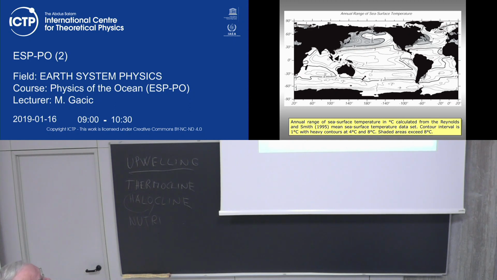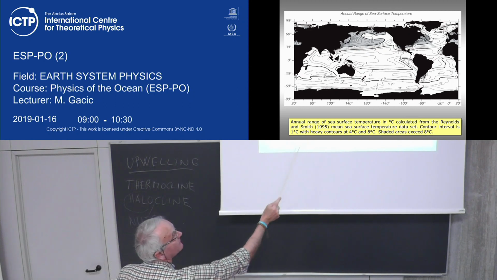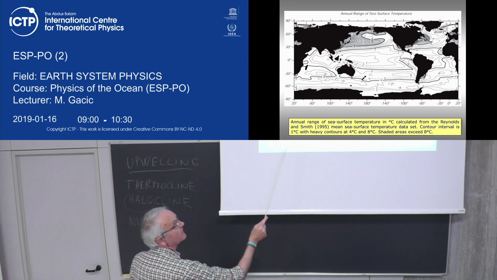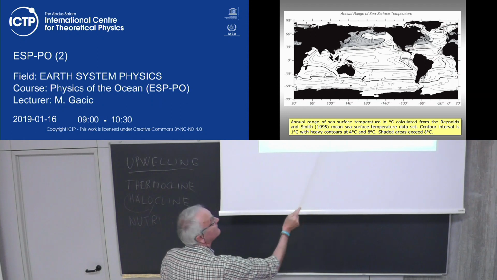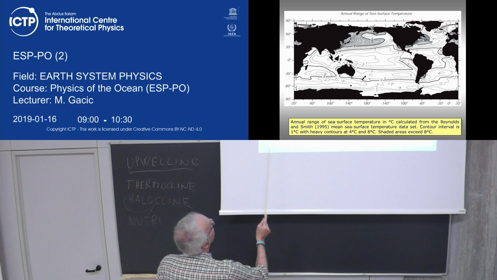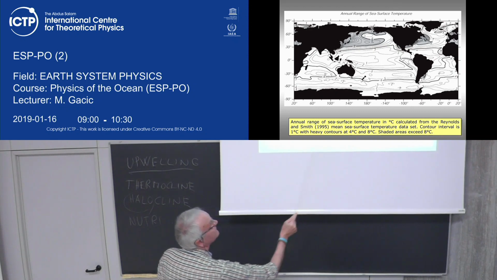And you can see that there are areas where you have a huge annual range of the sea surface temperature, which is specifically present in this area here, at around 45 degrees north.